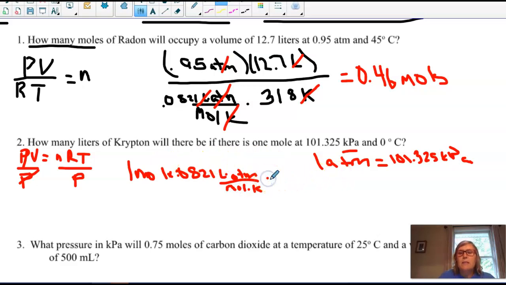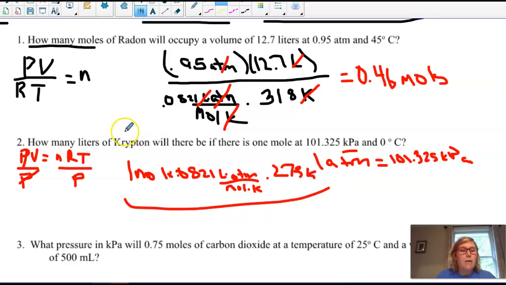Temperature is 0 degrees Celsius, so that means it's 273 Kelvin. Divided by pressure of 1 atm.